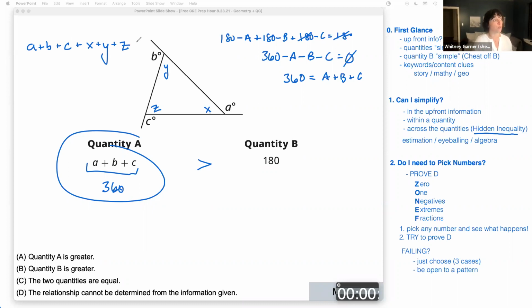So that would be 3 times 180. However, this X, Y, and Z right here is 180. So of that 3 times 180, one of those 180s is the inside of the triangle. The outside of the triangle would be the other 2 180s, making that quantity bigger.